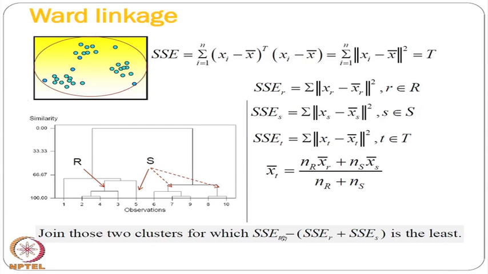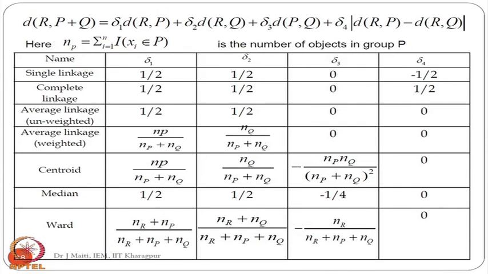Then we go to the totality. What I mean to say is, we have seen single linkage, complete linkage, different ways of joining for hierarchical clustering, and these can all be combined together in one formula: D(R, P+Q). That means with three clusters R, P and Q, you are joining P and Q, and you get the distance for R and the joined cluster P plus Q as another cluster.